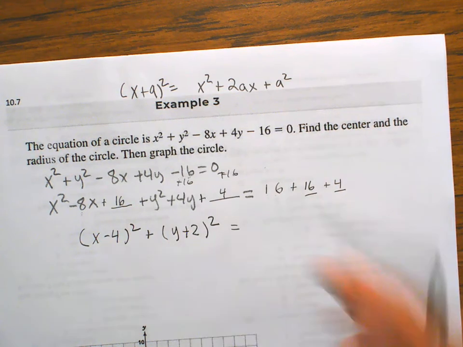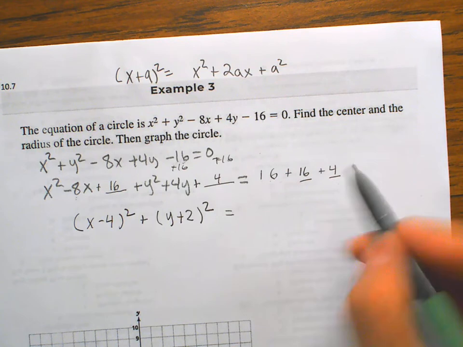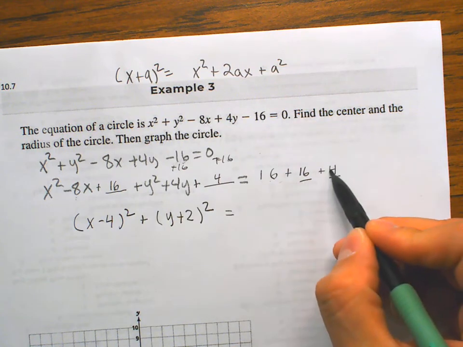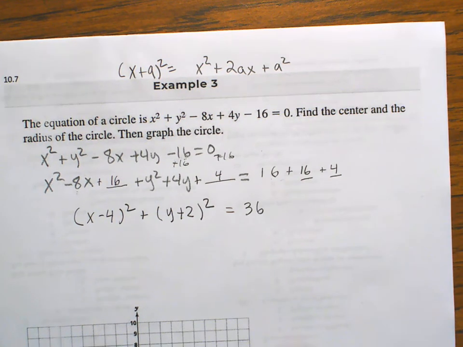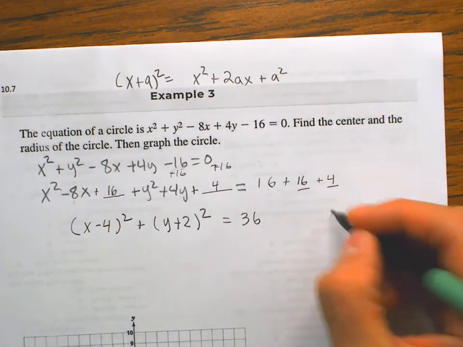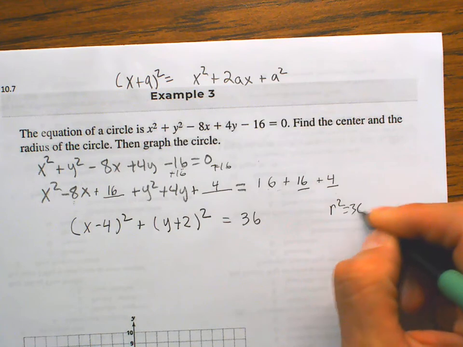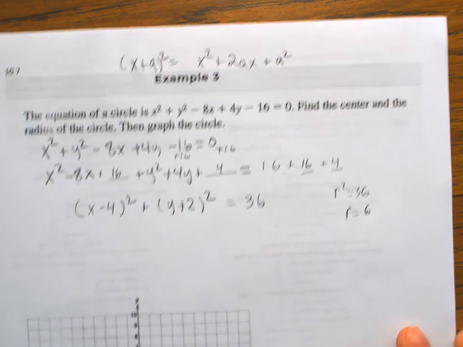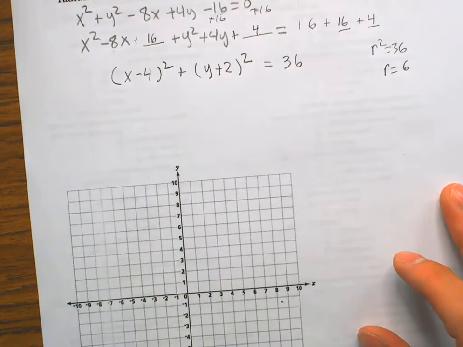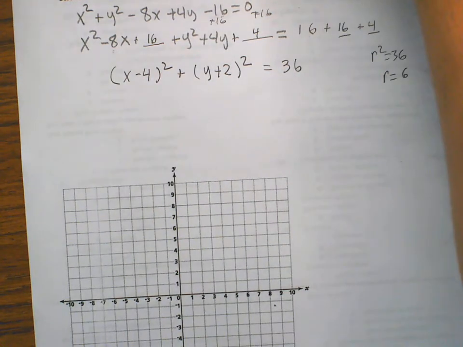And that is going to give me whatever this is going to be. So that's 32, 33, 34, 35, 36. Because this is r squared equals 36, that gives me a radius of 6. So with that, I can actually graph my circle.